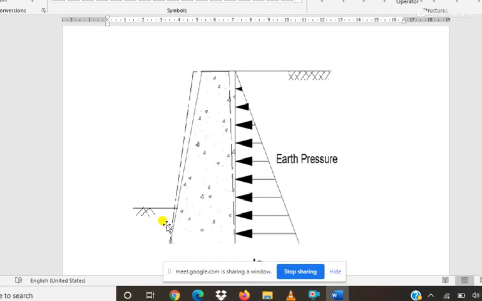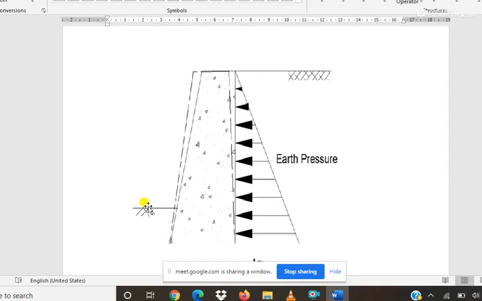when the lateral movement of this retaining structure or retaining wall occurs, this retaining wall is moving towards this fill. This is one type of fill. This is not backfill, but this fill is done for the embedment depth. This type of embedment depth is mandatory for any retaining structure which has some backfill soil or backfill material.